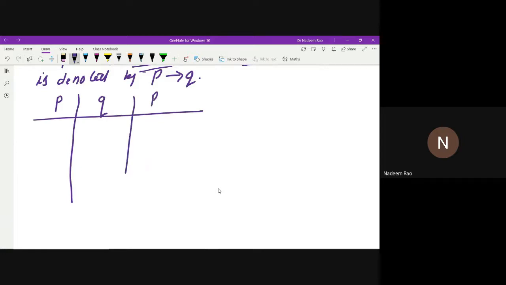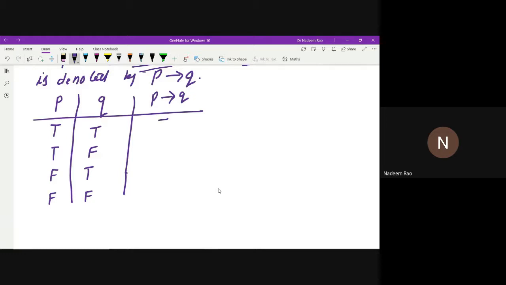Then P implies Q. So we have the four different cases here: true, true; true, false; false, true; and false, false. As we have discussed above, P implies Q will be true only if both are true.